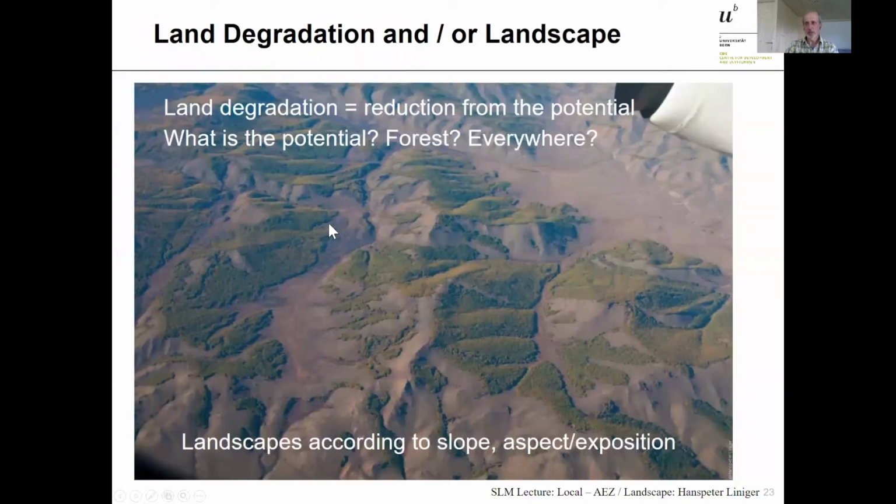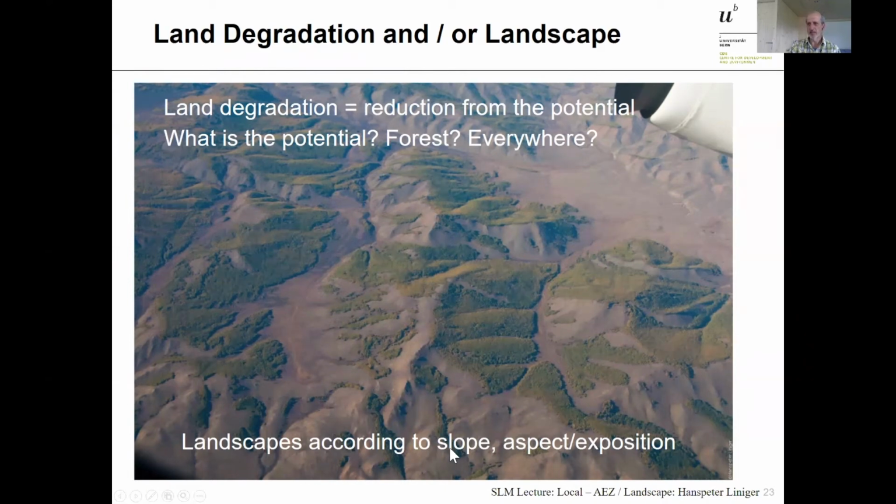Now, when we look at this picture here, taken from the air, forests. Look at the patterns. Where are these forests? Does this mean these areas here that have no forest, they're degraded? Look at the landforms and the relief that you have. Here, a ridge on this side, and on this side here, forests.